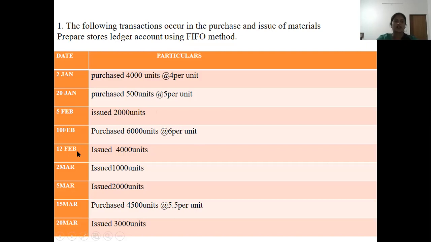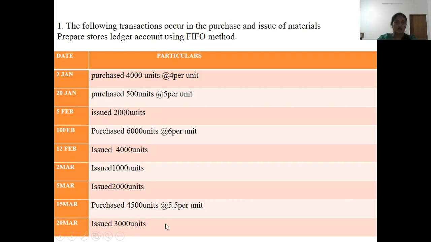On 12th February, issued 4,000 units. On 2nd March, issued 1,000 units. On 5th March, issued 2,000 units. On 15th March, purchased 4,500 units at 5.5 per unit. On 20th March, issued 3,000 units.